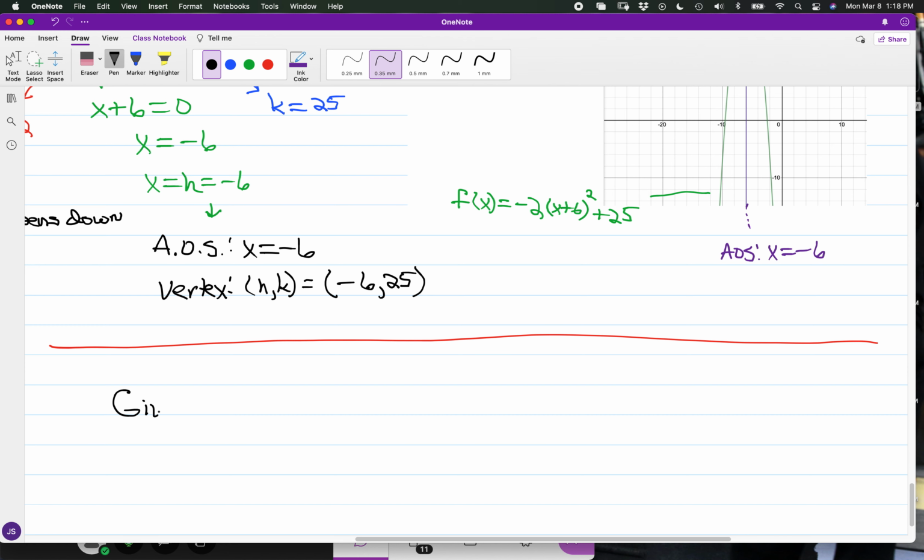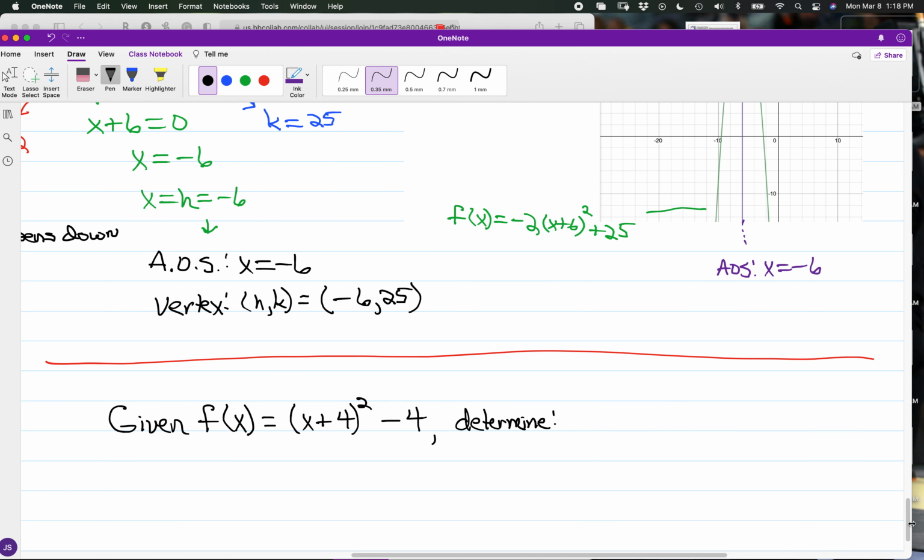Let's say that you have a function f of x is equal to the square of x plus 4 minus 4, and we were to determine the following.